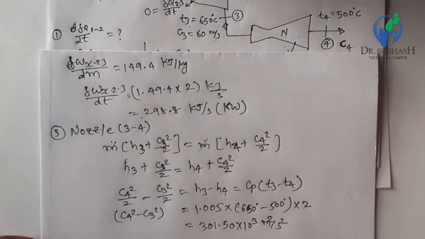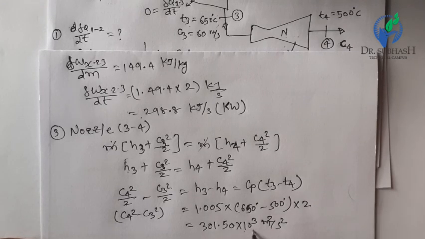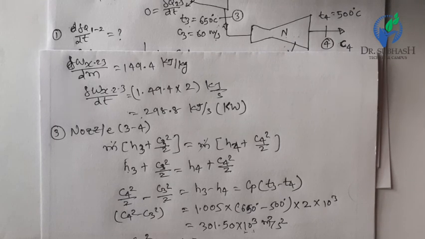equal to 301.50 into 10 raised to 3 plus 0.36 into 10 raised to 4, because the value of C3 is given, 60 meter per second. Now if we do the simple calculation, then we get the value of C4, which is 554 meter per second.